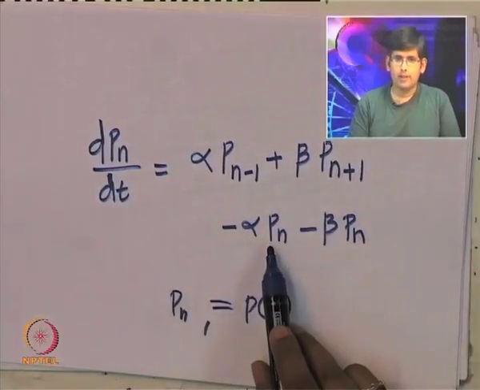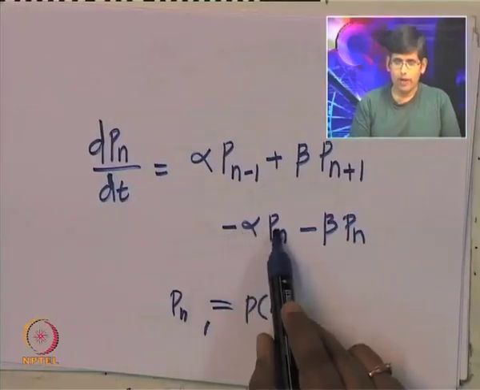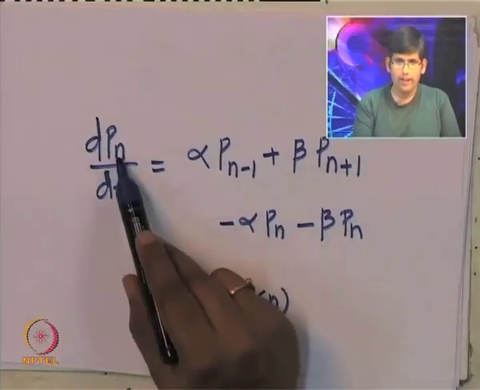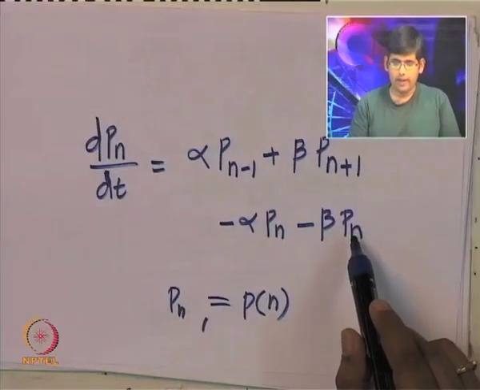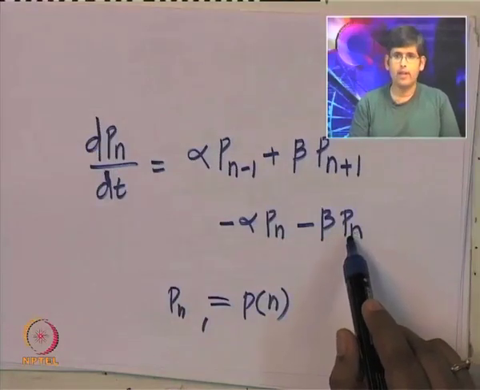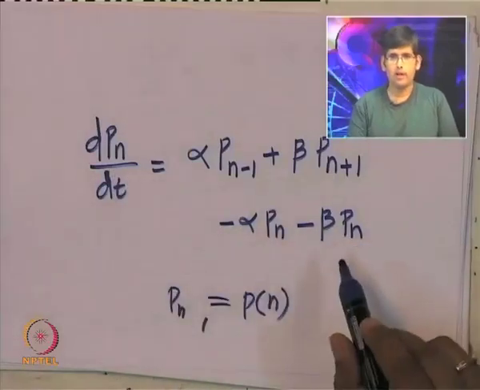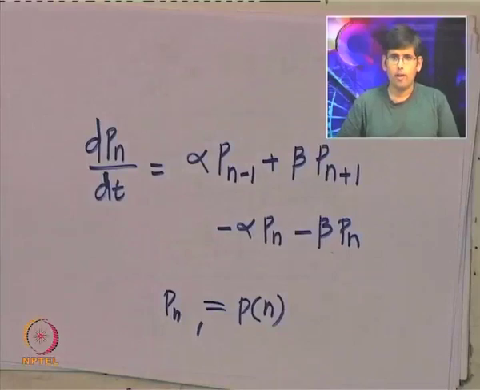If there are many filaments with n, they can polymerize and go to n plus 1. That means it can go away from P n, so the P n will decrease. If there is a lot of filaments with n, some fraction can also depolymerize and go away from P n, so the P n will decrease. So, this is the master equation for polymerization, depolymerization of filaments.